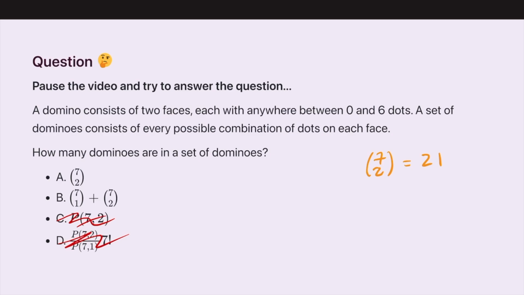Yeah, this is good, but we have to remember that this implies that we are only choosing without replacement.